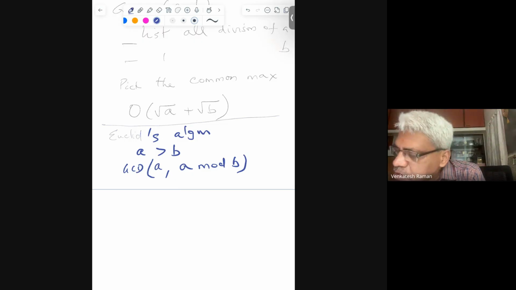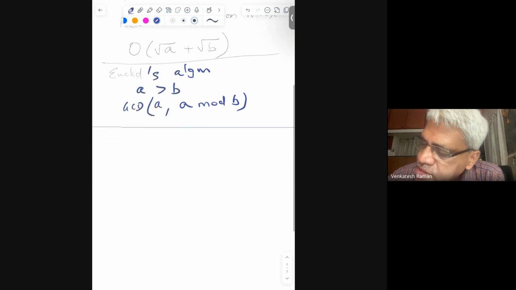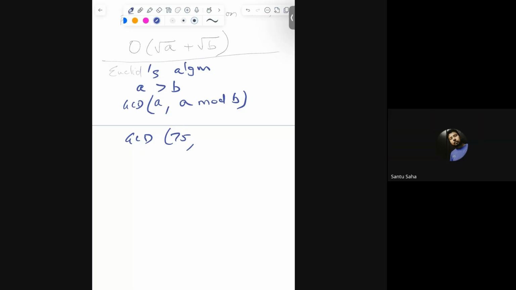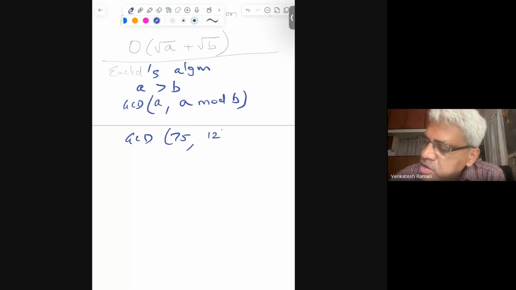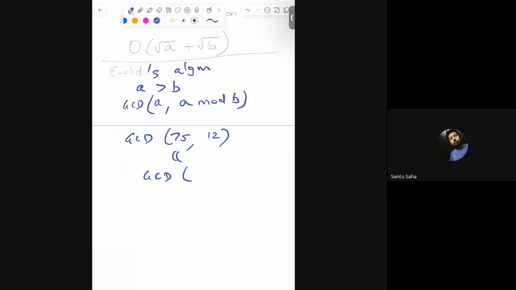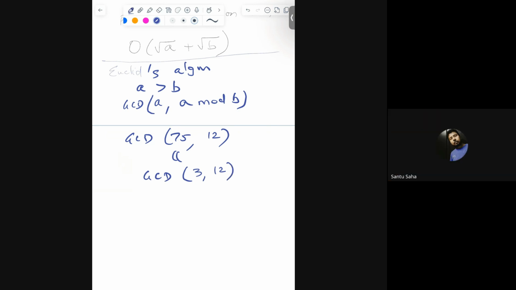How does the algorithm work? Let's take an example: GCD of 75 and 12. Take 75, divide by 12; the remainder is 3, so it becomes GCD of 3 and 12.